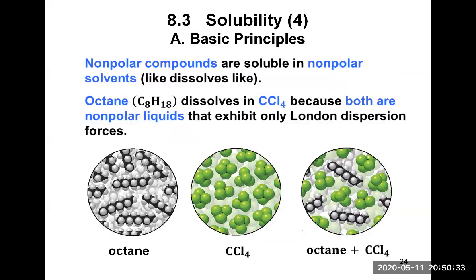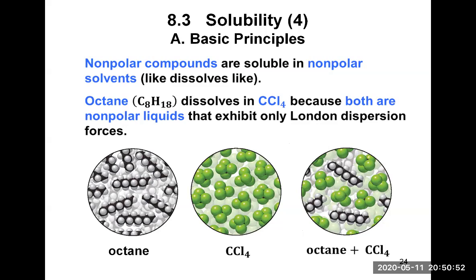Now if we look at non-polar compounds, they will be soluble in non-polar solvents, right? Because like dissolves like, so they have to be of the same kind. And so a non-polar compound will be soluble in a non-polar solvent.